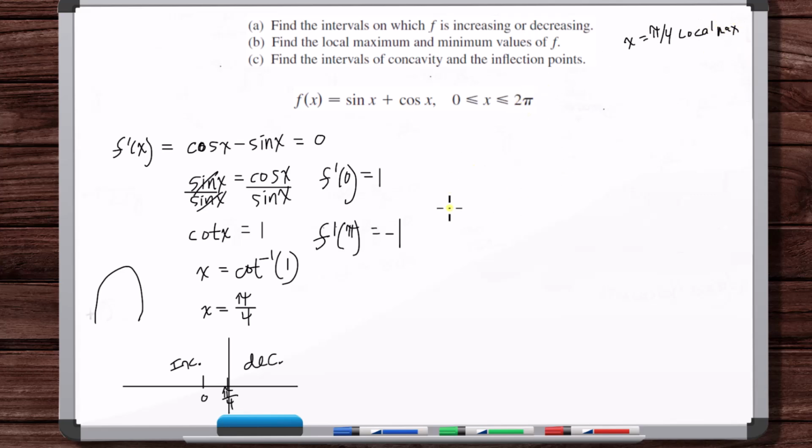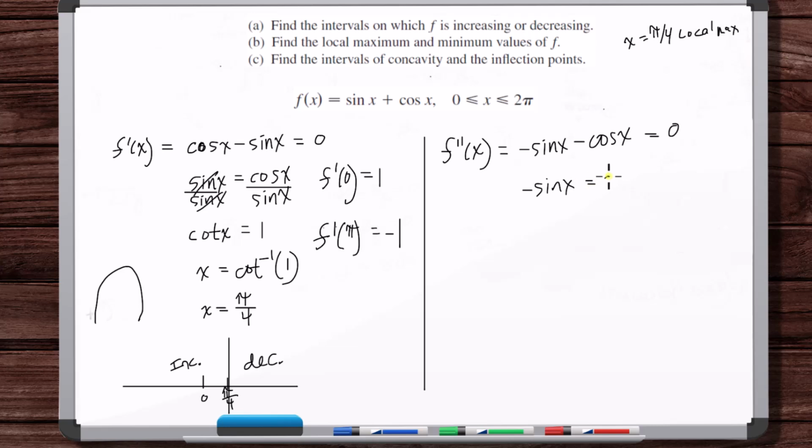Okay, now the intervals of concavity. Let's take the second derivative, so minus sine of x minus cosine of x. Okay, there's no points where this doesn't exist. All right, so minus sine of x is equal to cosine of x.